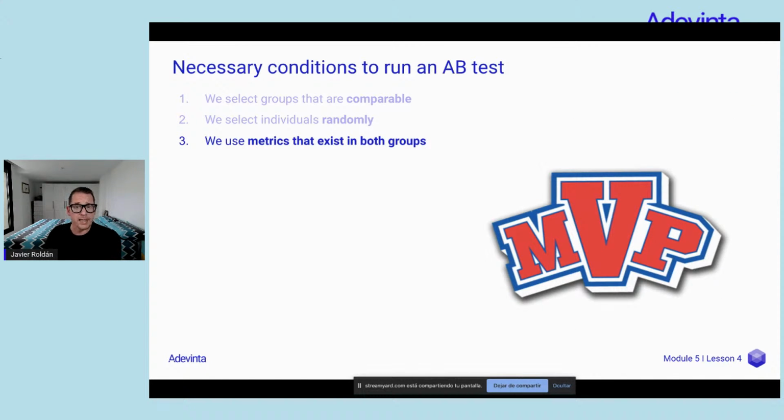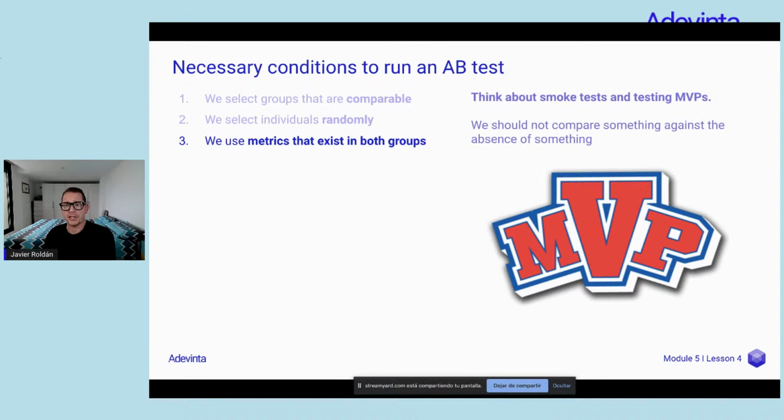We use metrics that exist in both groups. I'm going to come back to the A/B testing definition again. An A/B test is an experiment that allows us to compare two versions of something with respect to a goal.